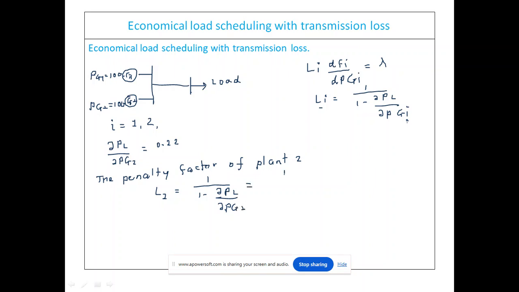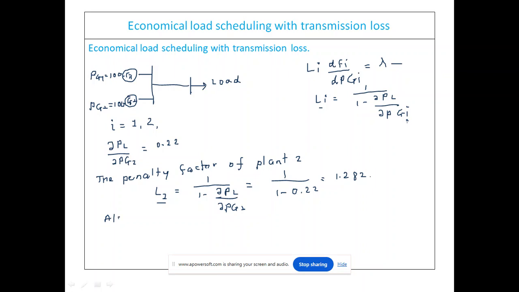So 1 divided by 1 minus 0.22. If you calculate this value, I think it comes out to be 1.282. Please verify this answer. Now once L2 is there, we will use the first equation for L2.